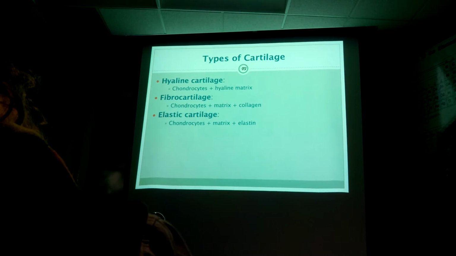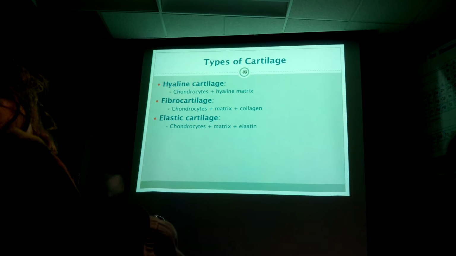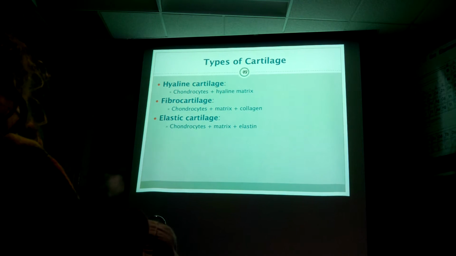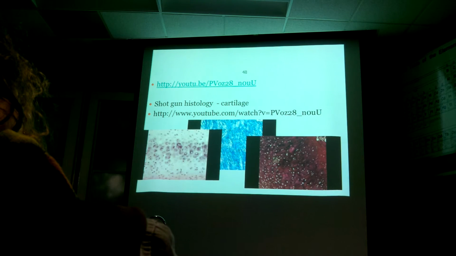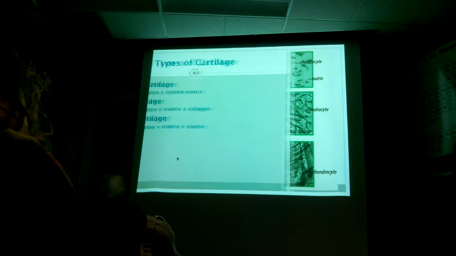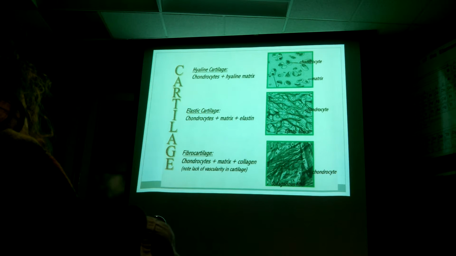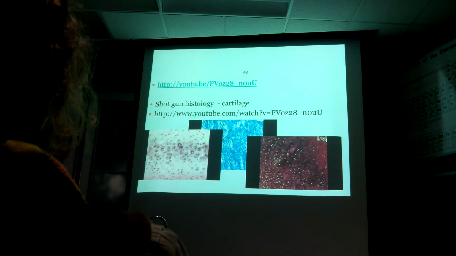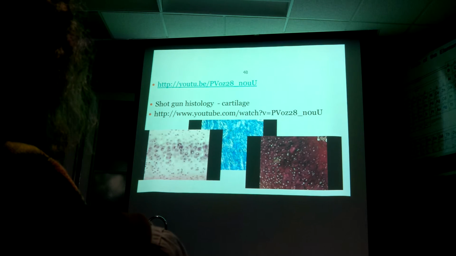Hyaline cartilage is the most predominant form of cartilage that we find in the body. And hyaline cartilage, let me go back here and show you. There's actually a YouTube, I found a great YouTube video, which maybe we'll look at. So this is hyaline cartilage, this one.